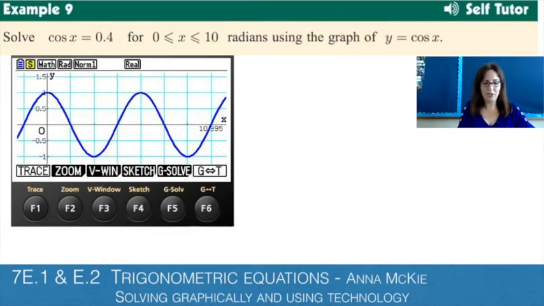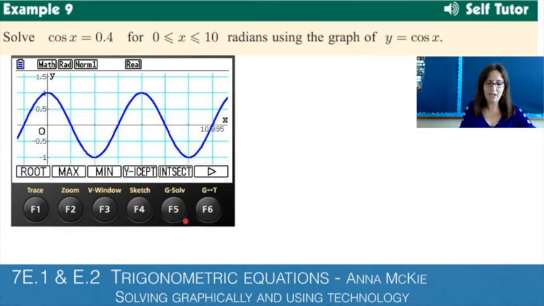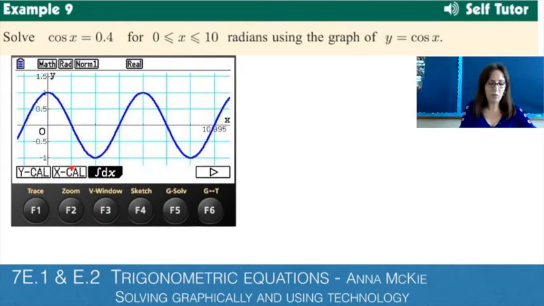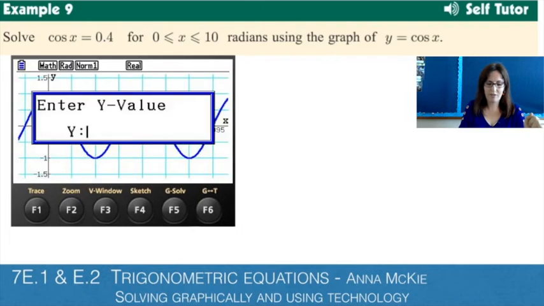So we're going into G-solve here. So we went Shift, and now we're going G-solve, F5. Should bring you this screen here, but we need to arrow across. And we want to work out an x calculation, because we're trying to find x, and it's going to ask us to put in the y. So here we are, we're having to enter 0.4 for our y.